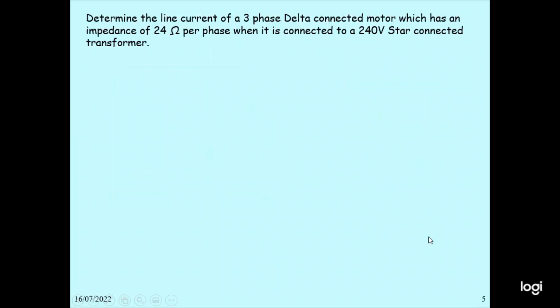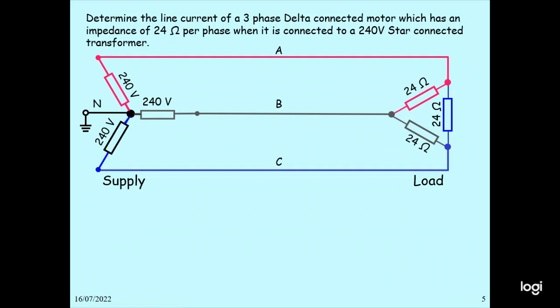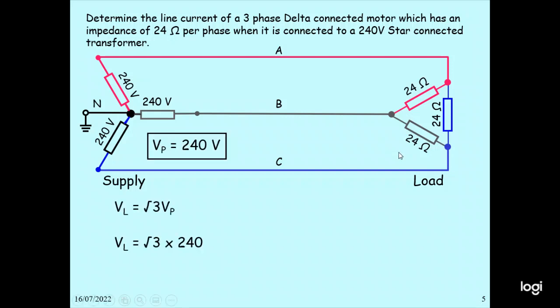Now to calculate: determine the line current of the three-phase delta connected motor, which has an impedance of 24 ohm per phase when it is connected to a 240 volt star connected transformer. So in this case, we connected a 240 volt star connection, and the delta connection has 24 ohms per phase. So the supply phase voltage is 240 volt, V line equals root 3 times V phase, so root 3 times 240, you get 415 volt.